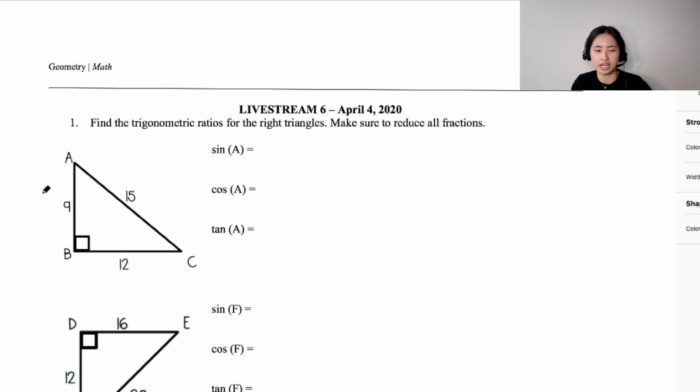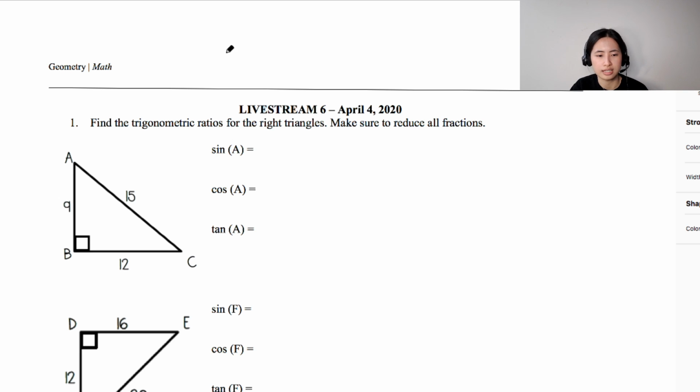In order to find 9, if you recall, in that case, you would have to square 12, right? 12 squared, then you would have 9 squared, which is equal to 15 squared. So you need to remember all of that, not just the trig ratios. So you can still apply your Pythagorean theorem to find your sides because you have a right triangle to begin with. So that's still applicable.